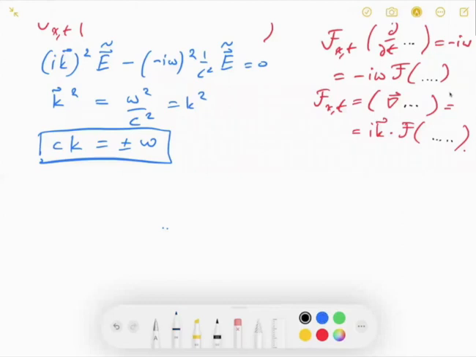Okay, your mission. Using Faraday's law, let me write it out.